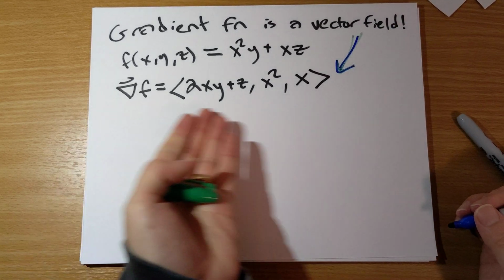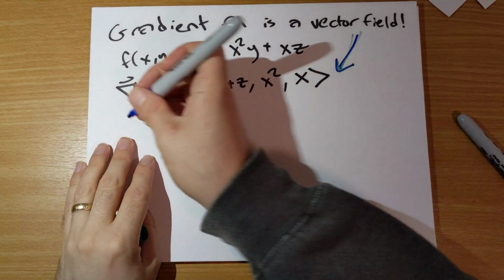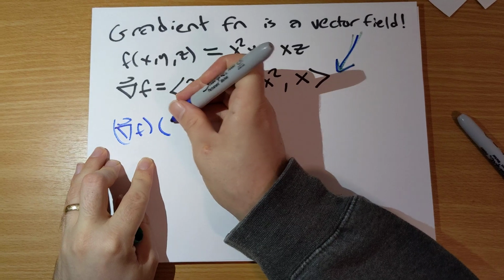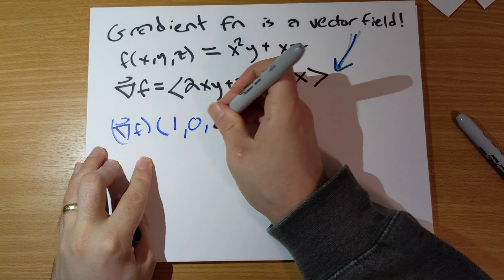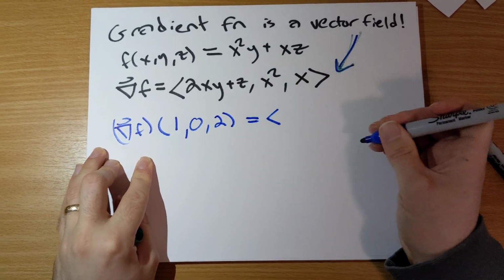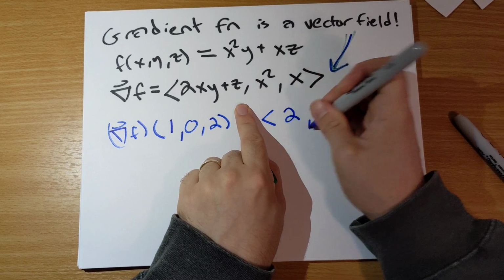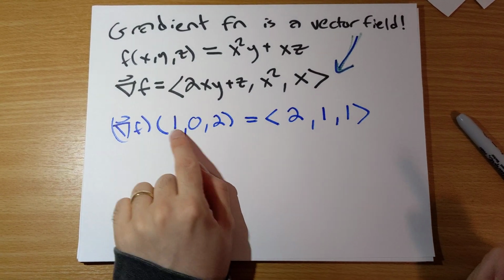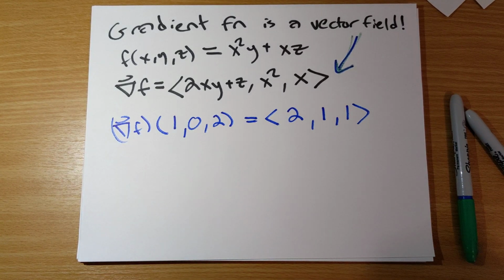For each point in space, each point here in R3, we're associating a vector to it. So the gradient f evaluated at the point x is 1, y is 0, z is 2, is going to be the vector 2 times 1 times 0 plus 2 is 2, 1 squared is 1, and 1. So it associates the vector 2, 1, 1 to the point 1, 0, 2. The gradient function gives us a vector field.